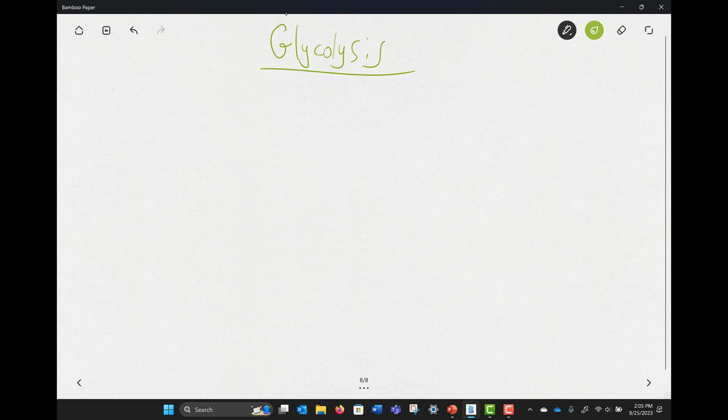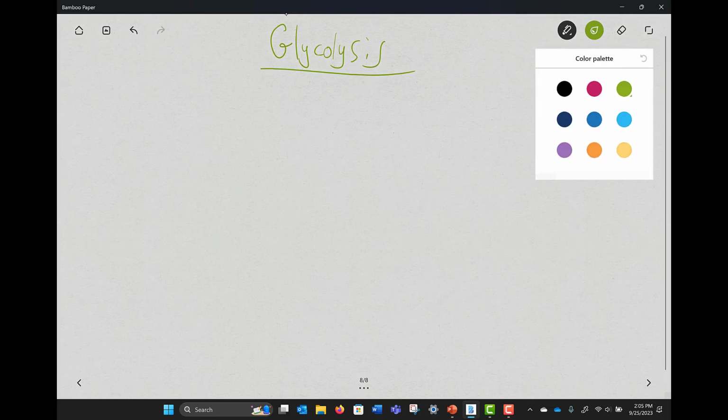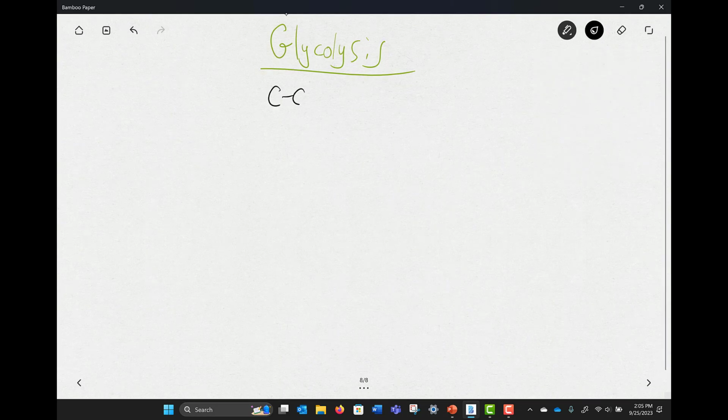And like I said, we're going to start with our molecule of glucose. We're going to draw our 6 carbons. That's glucose. I'm going to write that over here. There's our glucose that we start with.